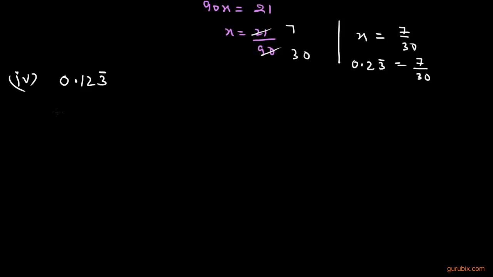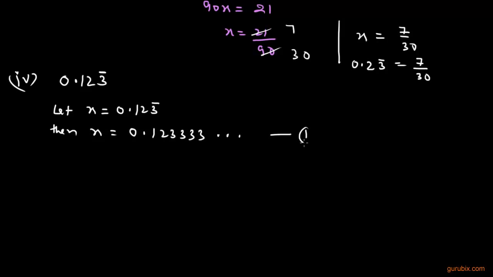Now we shall let this value be equal to x, then x is equal to 0.12333 dot dot dot, and let this be equation number 1. Now we shall multiply both sides by 10. We get 10x equals 1.23333 dot dot dot, and let this be equation number 2.